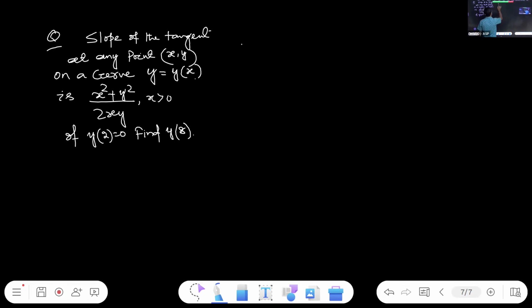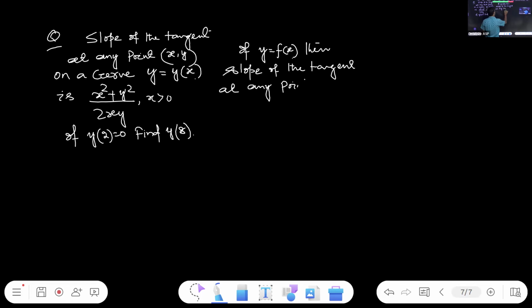If y is a function of x, then the slope of the tangent at any point xy is given by dy upon dx.